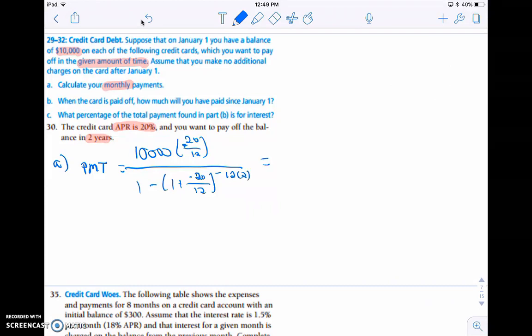If you multiply all of this out, you'll get $508.96. So if you have a $10,000 balance on a credit card with 20% APR, you need to pay $508.96 per month in order to pay this thing off.